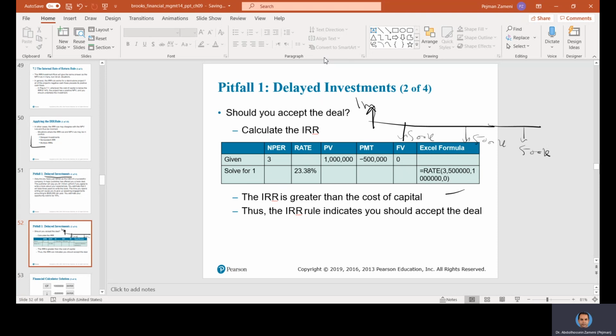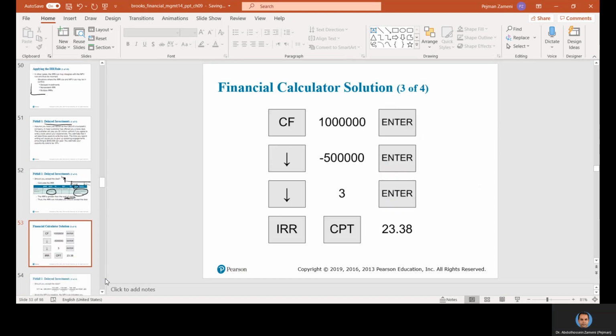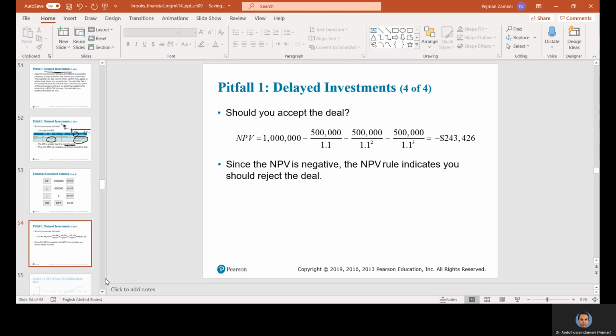Then we can calculate the IRR by the help of Excel, which would be equal to 23.38%. And the IRR is greater than the cost of capital. Thus, the IRR rule indicates you should accept the deal. Or you can see the calculation here.